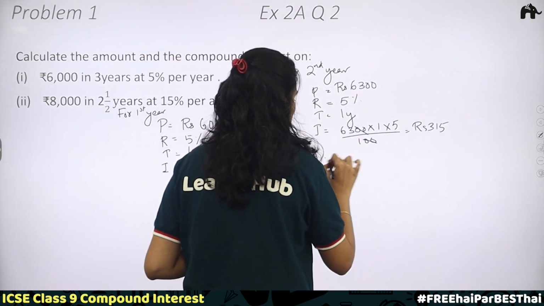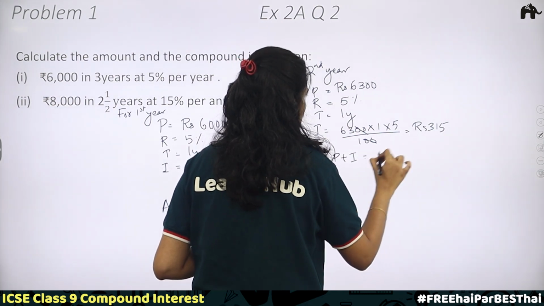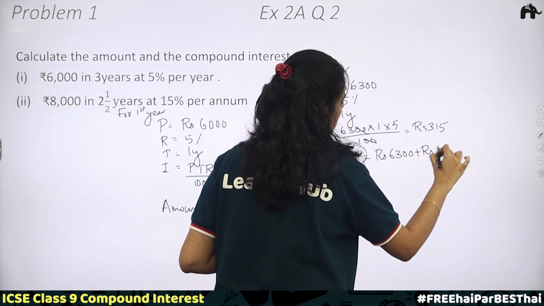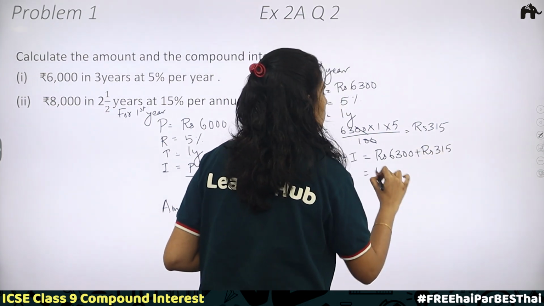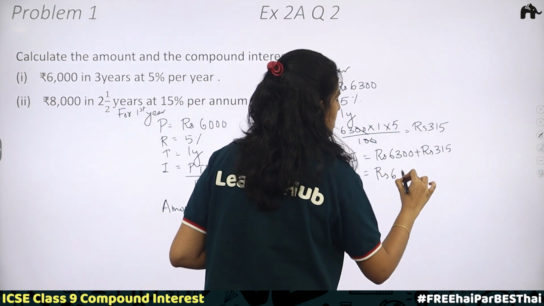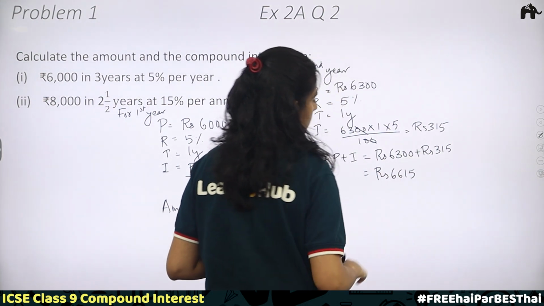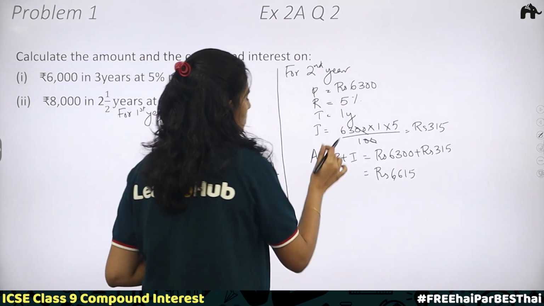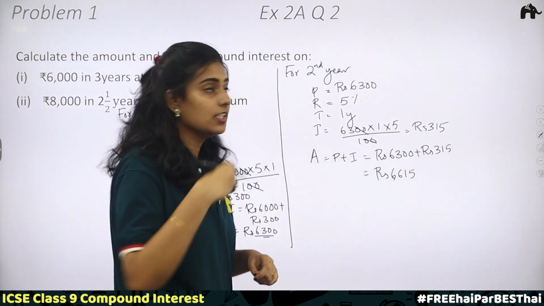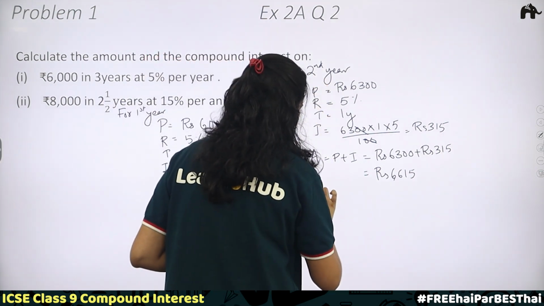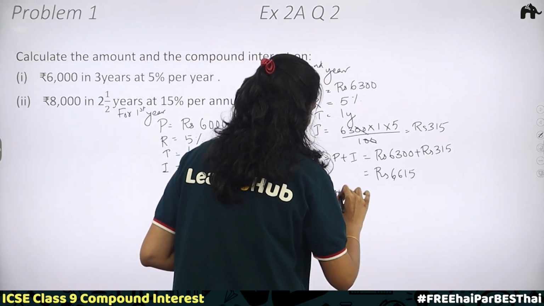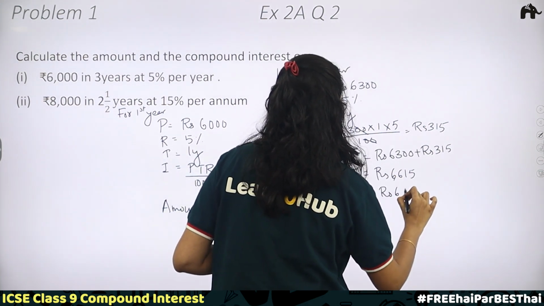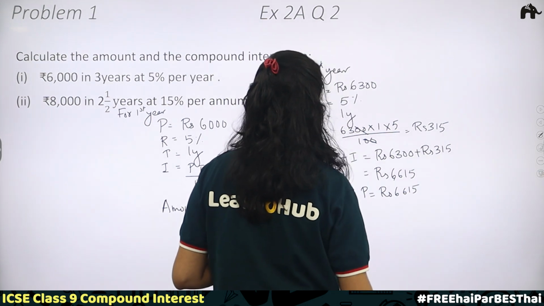Now the amount is equal to again principal plus interest. Here the principal is rupees 6,300 plus rupees 315, that is equal to rupees 6,615. Okay, rupees 6,615 is the amount. Now this amount will be the principal for the next year, that is third year. For third year, principal is equal to rupees 6,615.